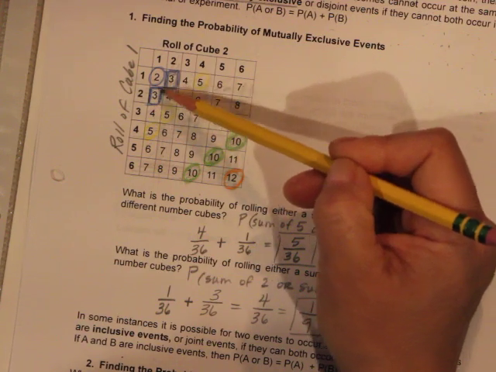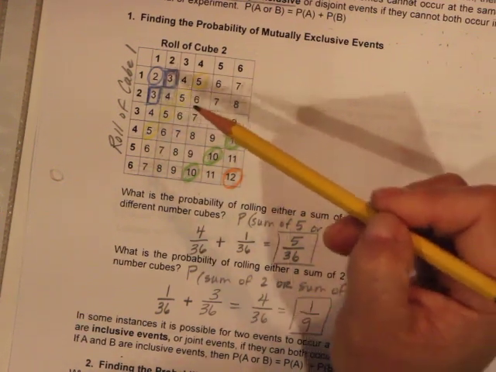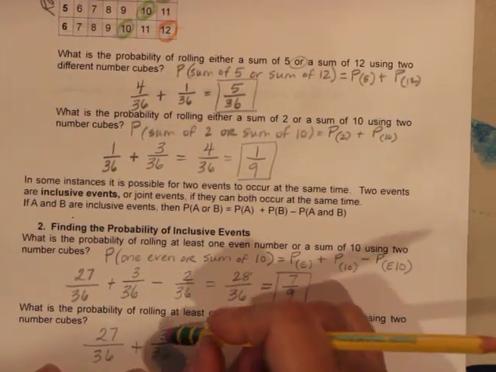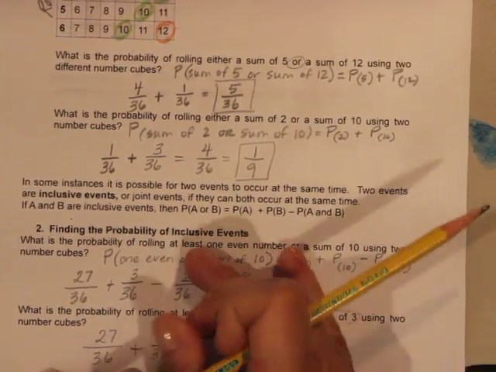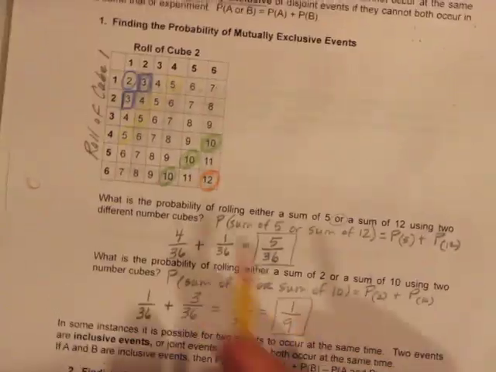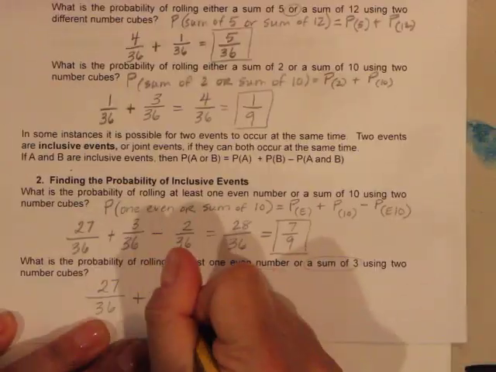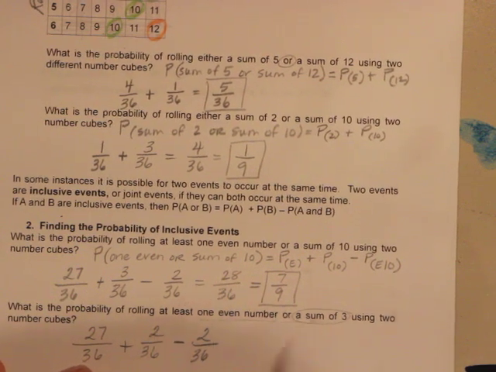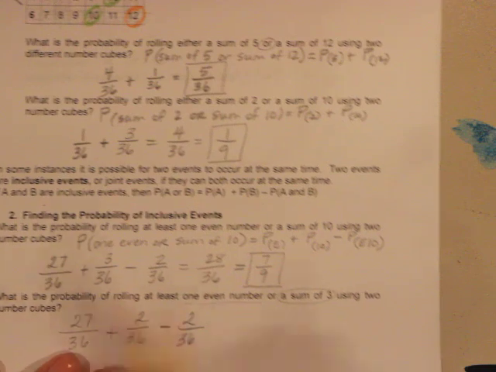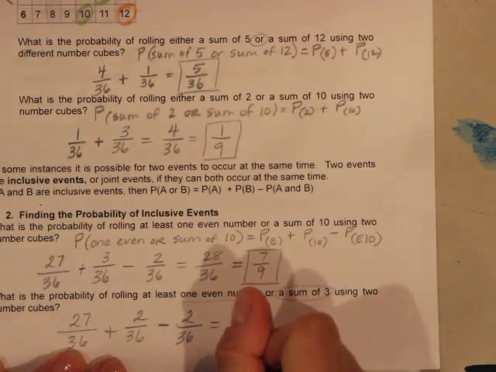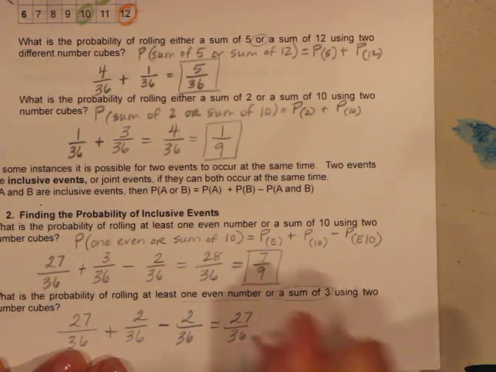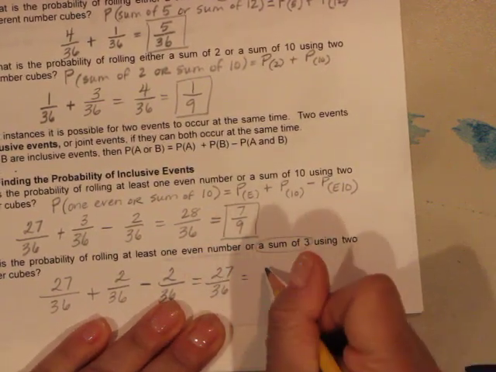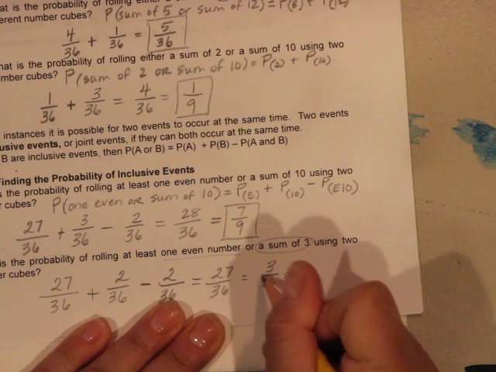Both of these are sums of 3, and they required an even number on the cube. So I need to subtract out, what am I doing here, you guys? Goodness, I just saw this because we had 2 possibilities out of 36, and both of them required an even number. So I got to take them both out. And I end up with a total of 27 out of 36, which I can reduce by a factor of 9, right? If I divide this whole thing by 9, I get 3 out of 4.